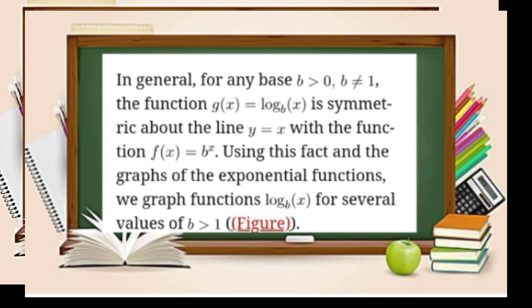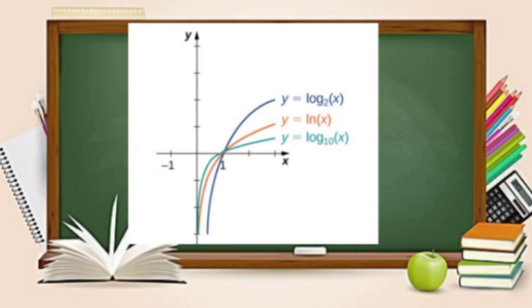Using this fact and the graphs of the exponential functions, we graph functions log_b x for several values of b greater than 1. So here is the graph. In this figure, we see that the graphs of y equals log_b x are depicted for b equals 2, e, and 10.